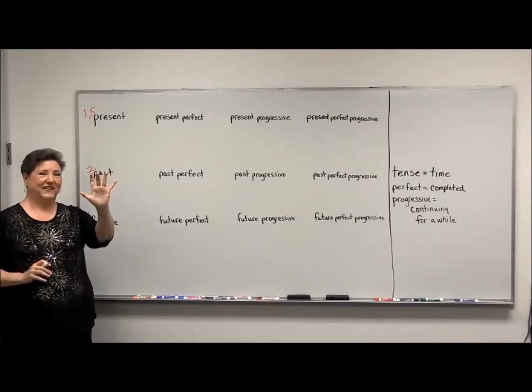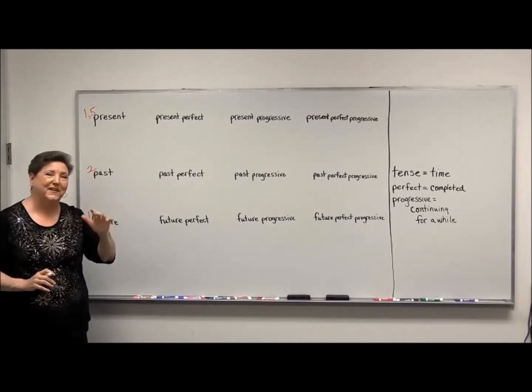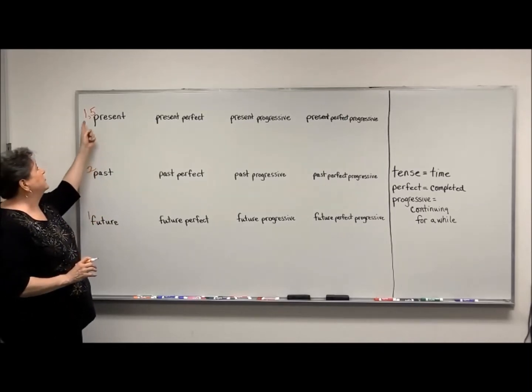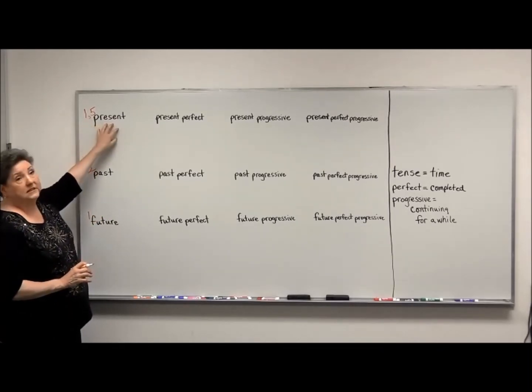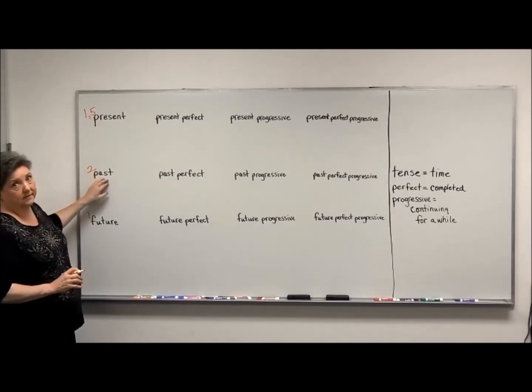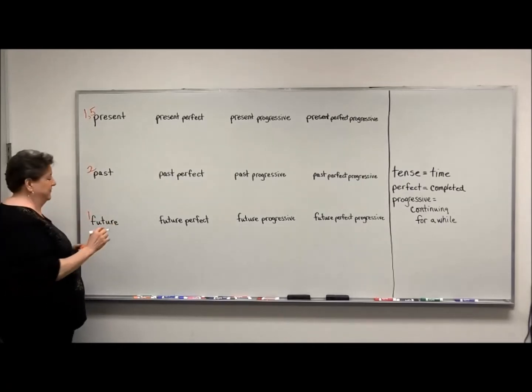1, 2, 3, 4, 5. The 5 forms of every English verb. That's what these numbers are. The numbers are telling me that I use verb 1 and verb 5 with this tense. I use verb 2 with this tense. And I use verb 1 here. So let's finish the numbers, okay?